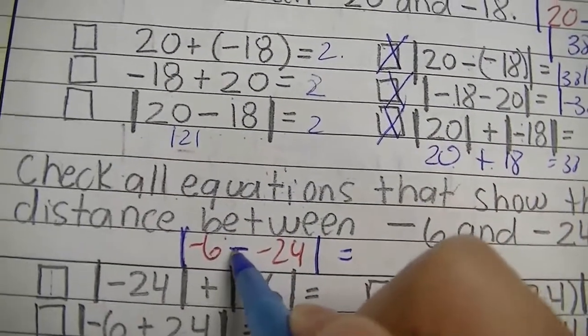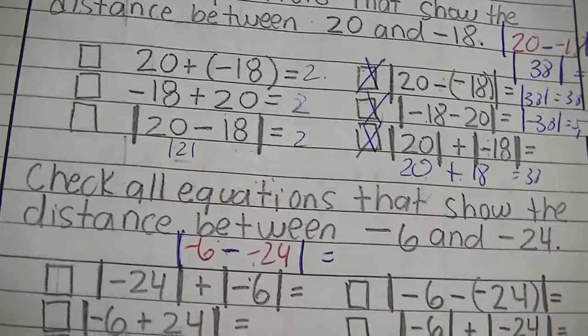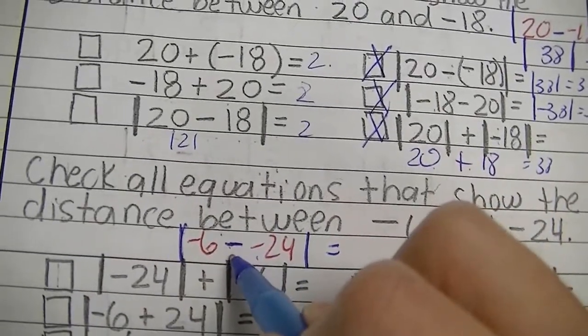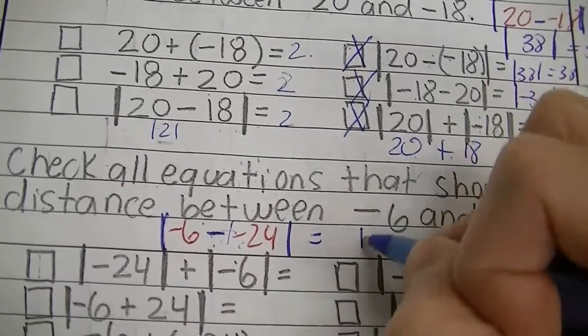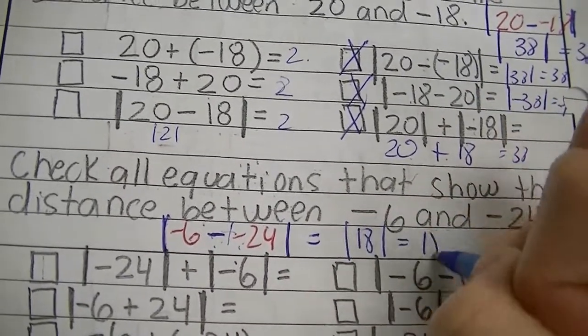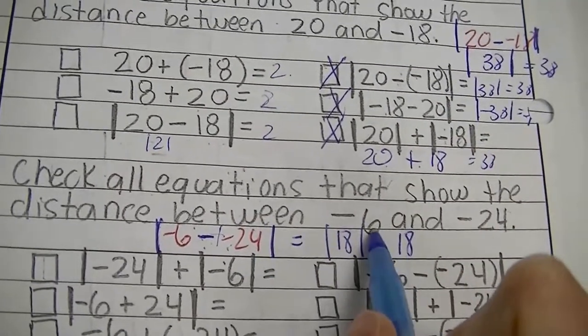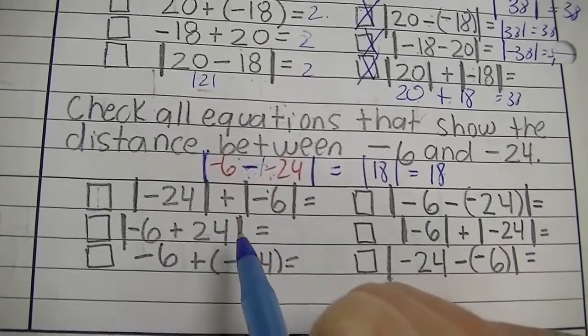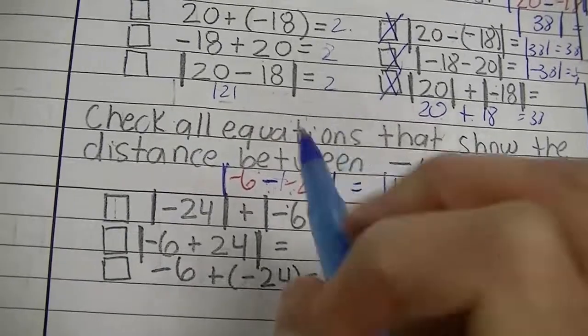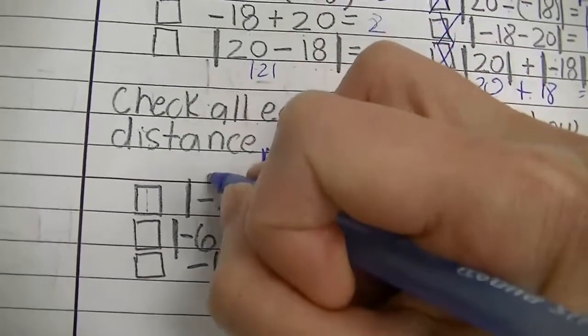So -6 minus a -24, that's going to give me, think about it, that's going to be plus, -6 plus 24, that's 18. So the absolute value of 18 is 18. So the distance between this -6 and -24 is a +18. So let's go ahead and select the boxes that give me an answer of 18. Absolute value of -24 is 24.